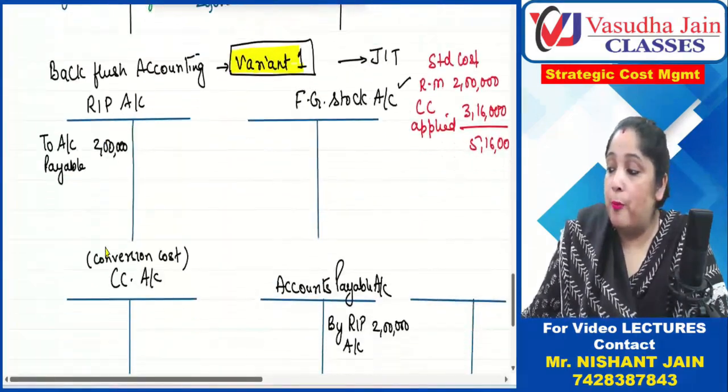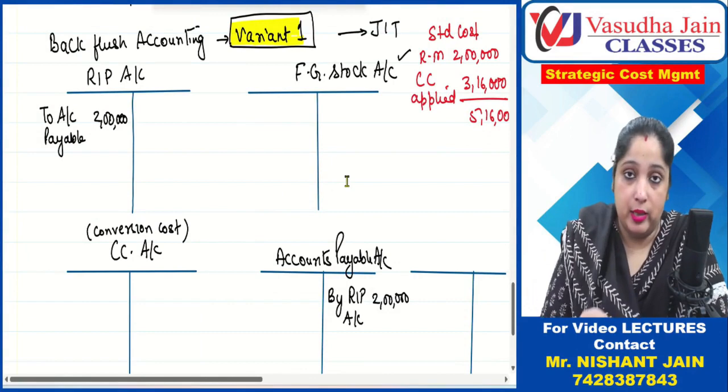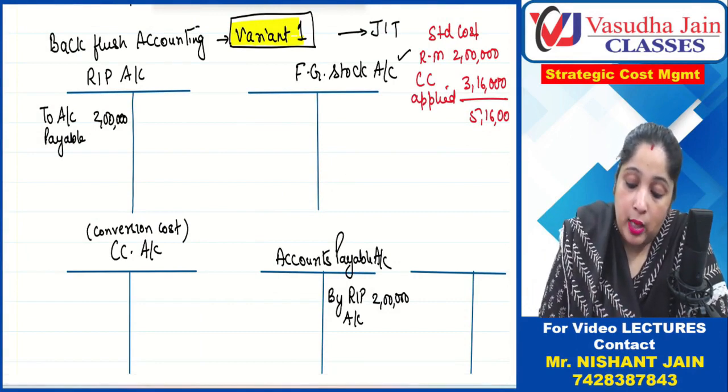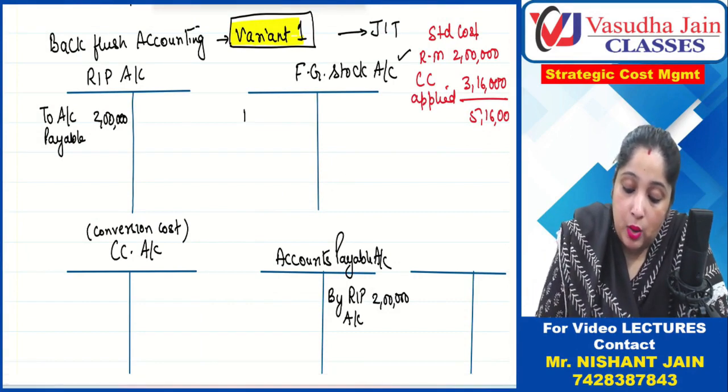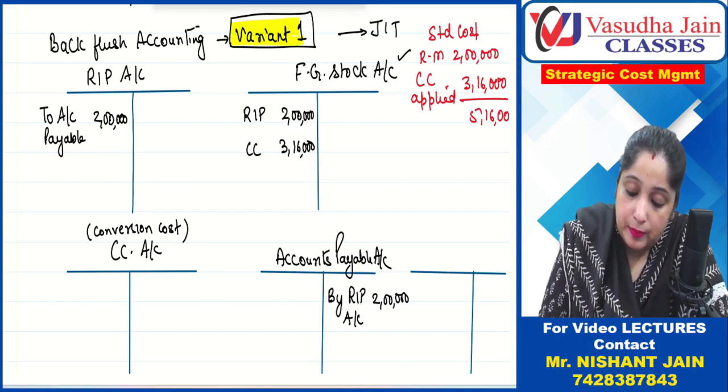So we are going to do backflush accounting. That is, we are going to value finished goods first at standard cost. So here I am going to write the value. Raw material in process is 2 lakh and conversion cost is 3,16,000 account.